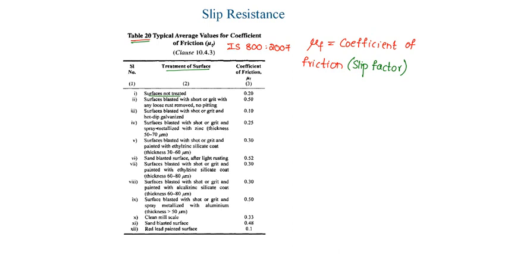Surface is not treated, it is 0.2. Surface is blasted with shot or grit with any loose rust removed, no pitting, it is 0.5. Surface is blasted with shot or grit and hot dipped galvanized, it is 0.1.